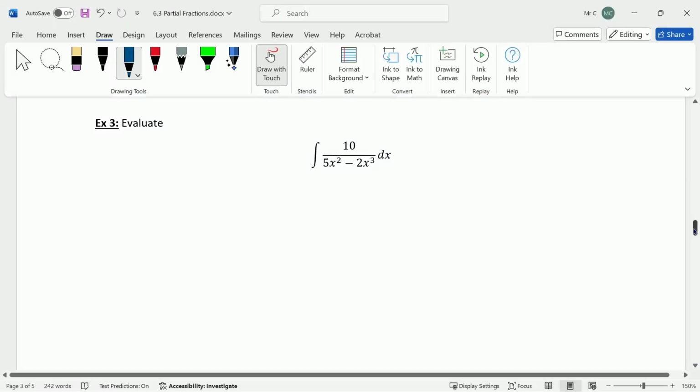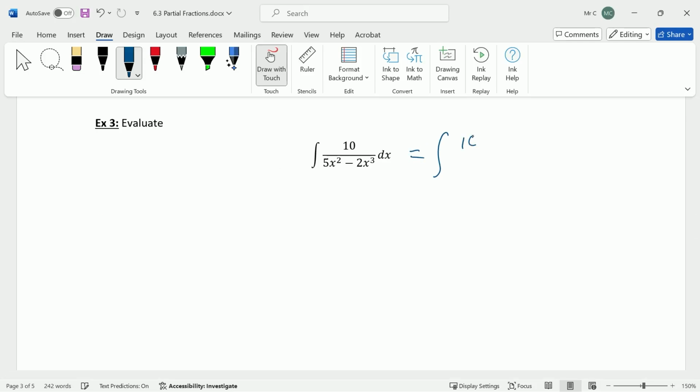So when I look at this one, first thing I'm going to do, as always, is factor. So I factor out the x squared. I get 5 minus 2x. Now, one of the things that often trips people up is they see this x squared and they think of it as a quadratic factor.